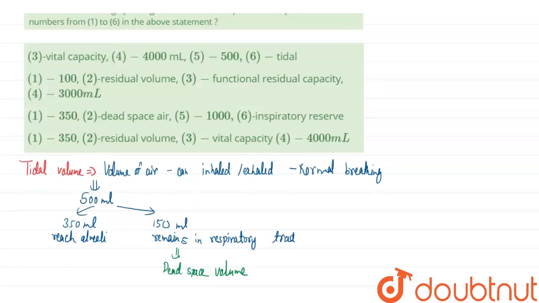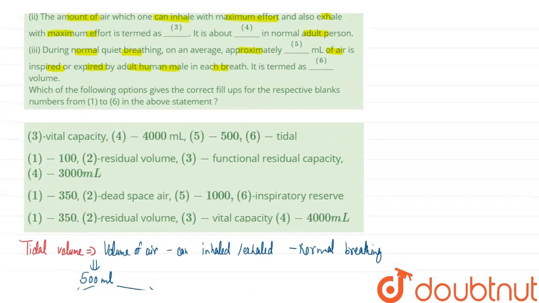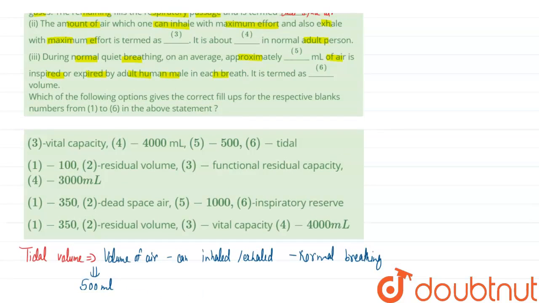So in our second statement, the amount of air which can be inhaled with maximum effort and also exhaled with maximum effort is termed as the vital capacity, and it is about 4000 ml in a normal person. Now the third one: during normal quiet breathing, on an average, approximately dash ml of air is inspired or expired by the adult human male in each breath.